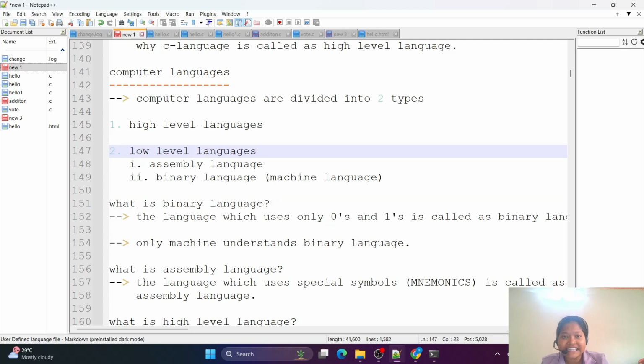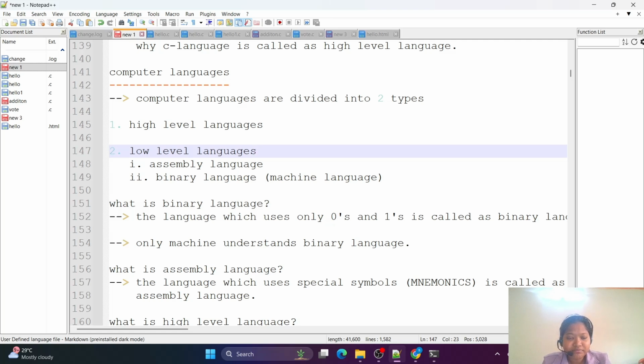The computer directly understands this low level language. If we talk about the advantages, it doesn't require any kind of translator or mediator. The computer directly understands it, so the execution time is very fast.